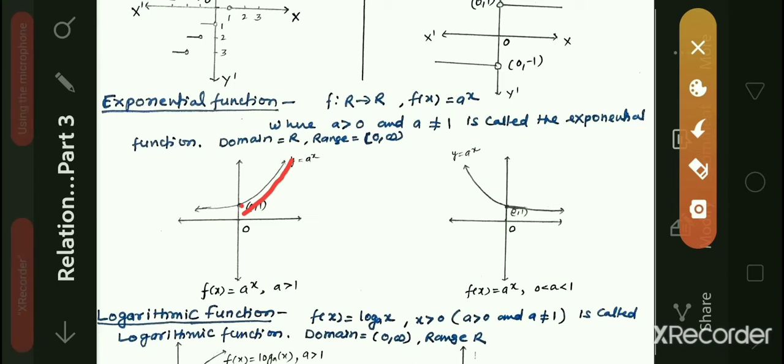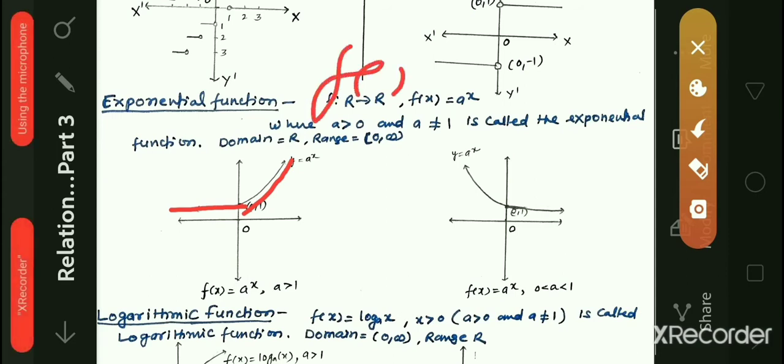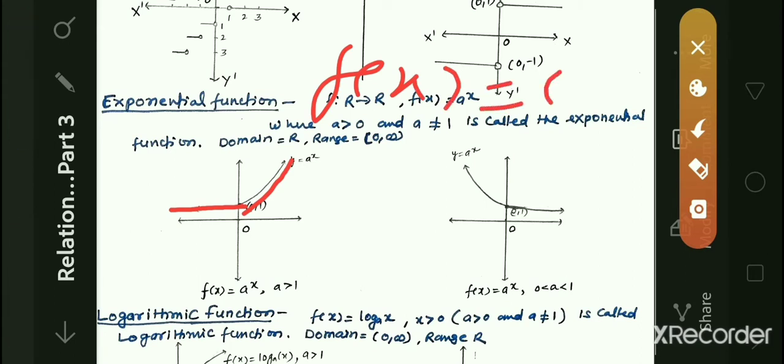In its other part, it is like an asymptote, meaning it looks like it will touch the x-axis, but actually it never touches, because you can never get f(x) equal to 0, so it will never touch the x-axis.